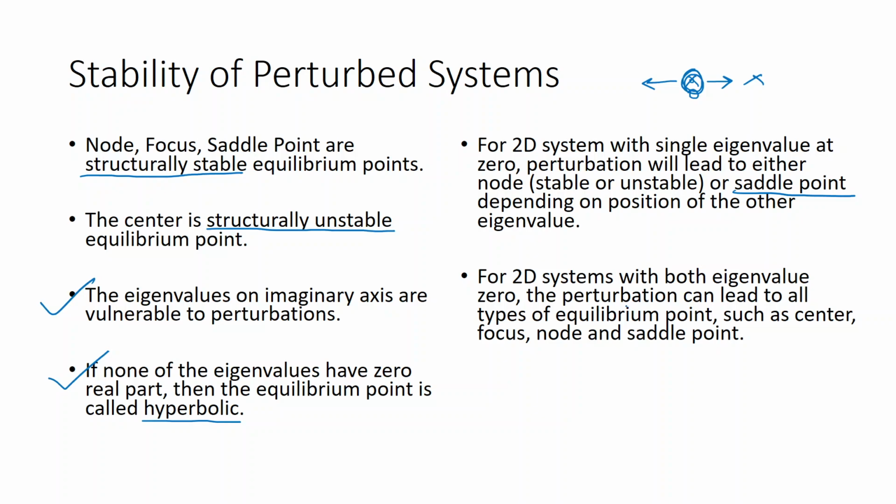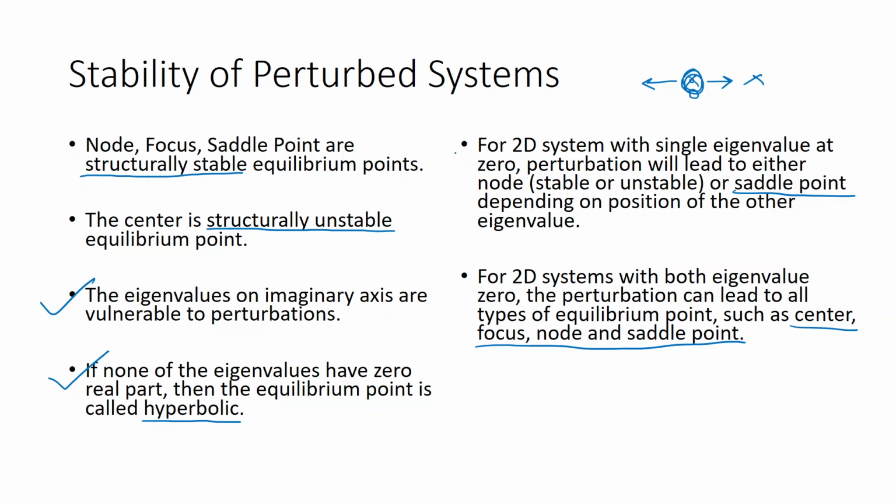They can also move along the imaginary axis, or come to any location having real and imaginary parts. So it can be a center, a focus, a node, a saddle point; in this case all possibilities are open.